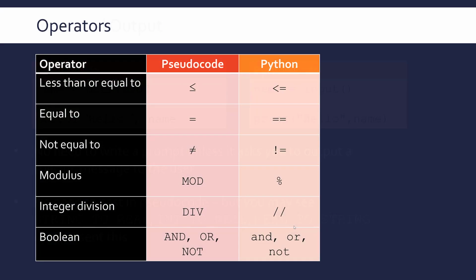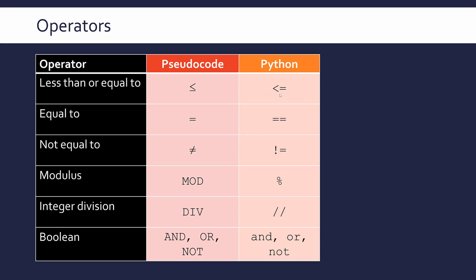Now, there are lots of operators. I covered a full amount in my paper 1 playlist, but here are just a few which are worth pointing out, I would say. Now, in pseudocode, AQA will show the less than or equal to signs and greater than or equal to signs like you would in maths, with the line underneath showing that it's not just exclusive, that it's inclusive. But in Python, we don't do that because we haven't got the key easily available to us.